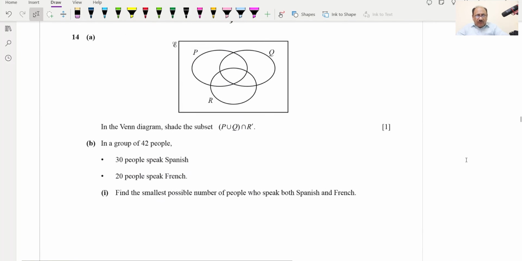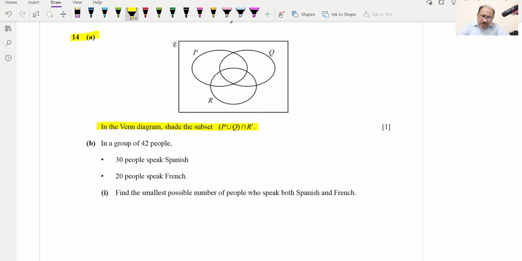Now question number 14. Question 14 says, A part, in the Venn diagram shade the subset P union Q intersection R complement.